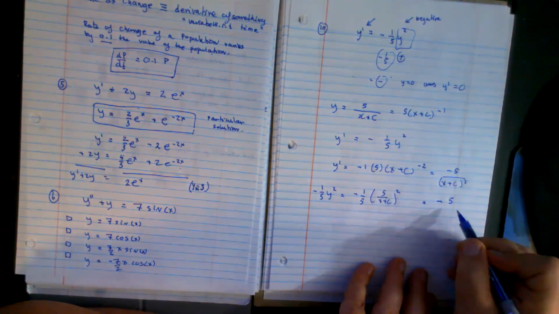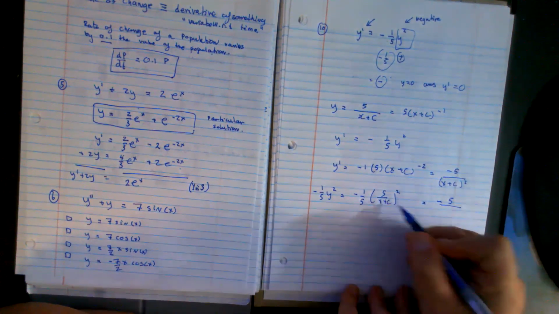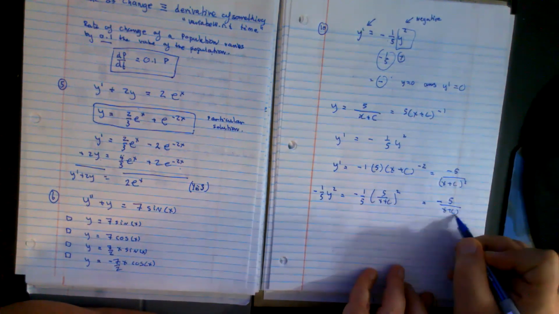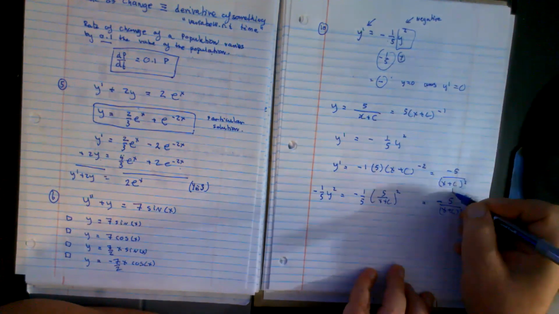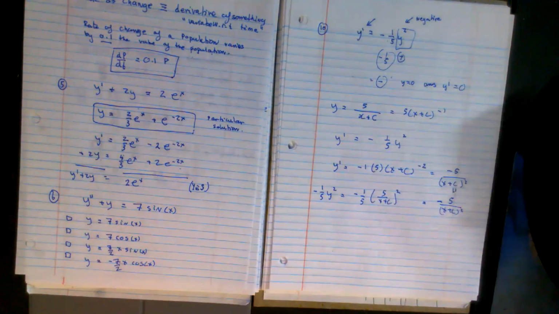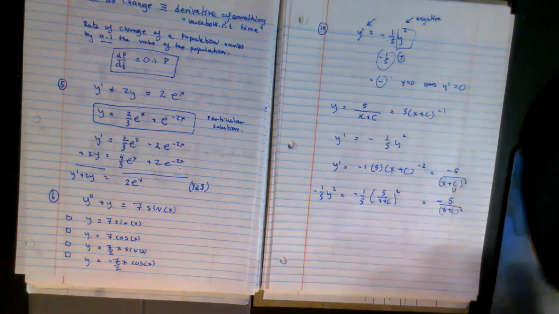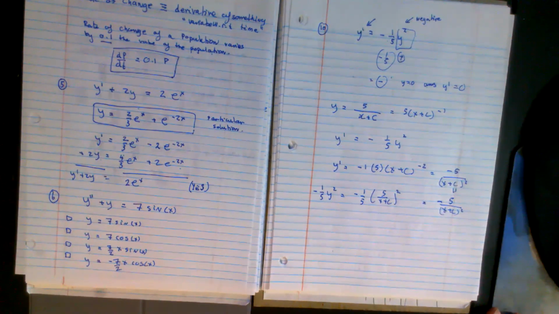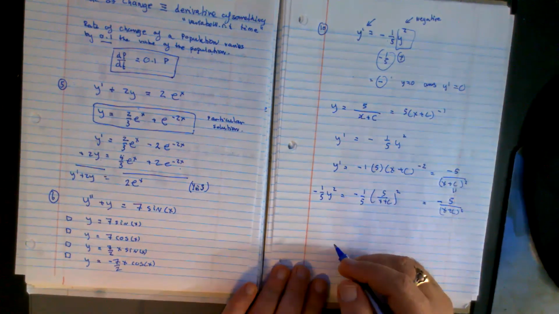And that guy squared gets me x plus c squared, and would you agree? They are equal. So it works. It's a solution. And that's the answer to B.